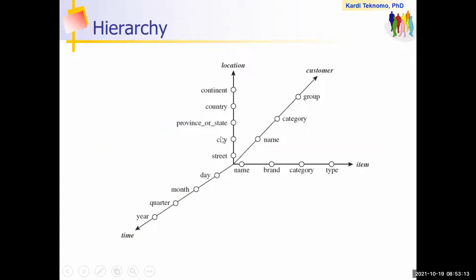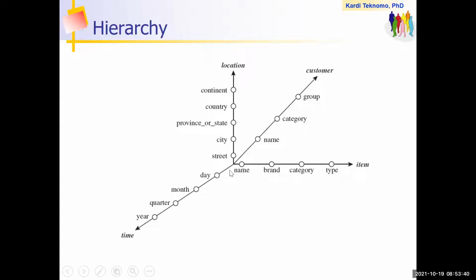Okay, now look at the hierarchy here. Here I have four dimensions. What are the dimensions here? Of course, the first is time. Look at the hierarchy: you have year, quarter, month, day. Second is the location. From the top you have the continent, country, the province or state, and then city, and then the street name.